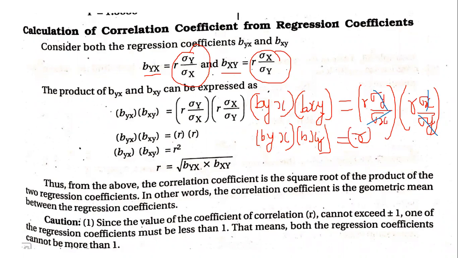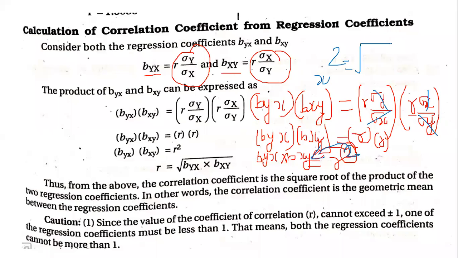R, and here also R. So Byx into Bxy is equal to R into R, which is R square. Now if I want to take the square to the other side, it will become a square root. So R is equal to square root of Byx into Bxy.